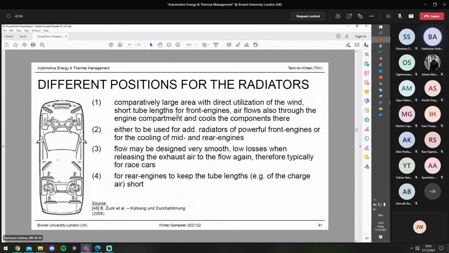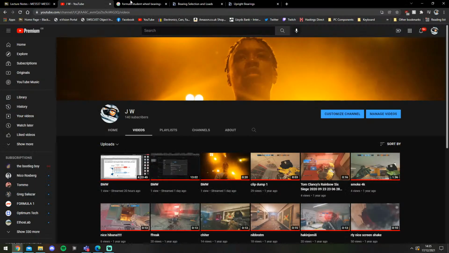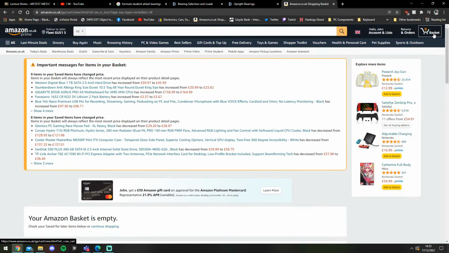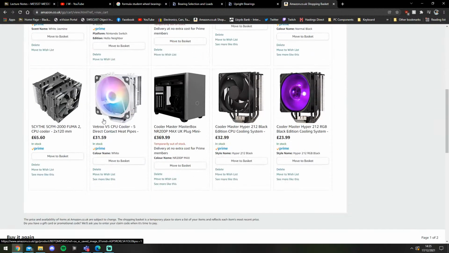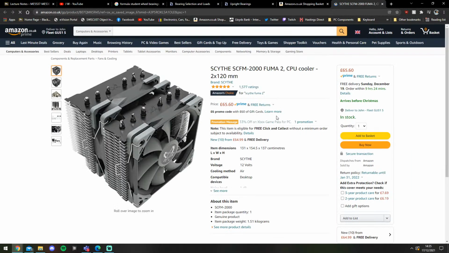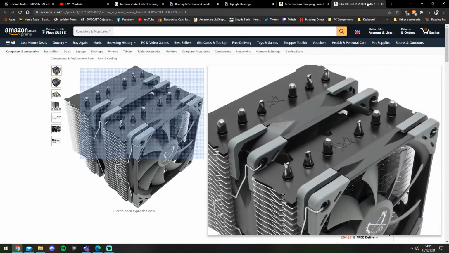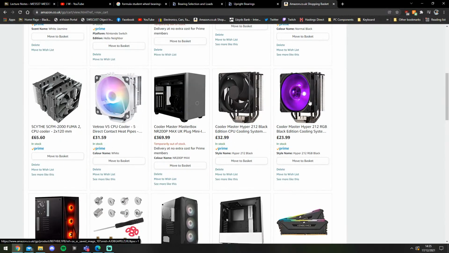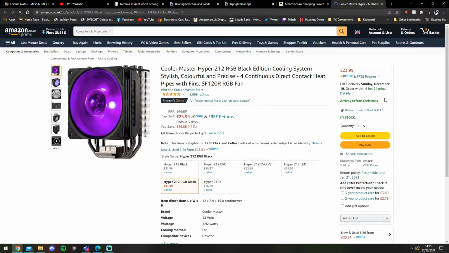Then, especially for race cars, it's very common to place the radiators on the position marked with a 3 here, because then the flow of the air is very smooth, and you have little losses caused by the air drag. And last but not least, for rear engines, again to keep the tube lengths short, the radiators might also be placed in the back of the vehicle.